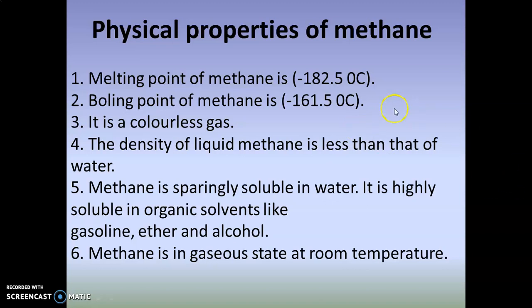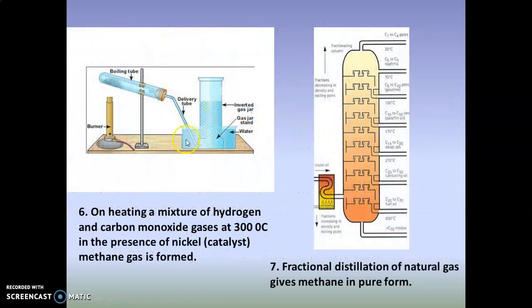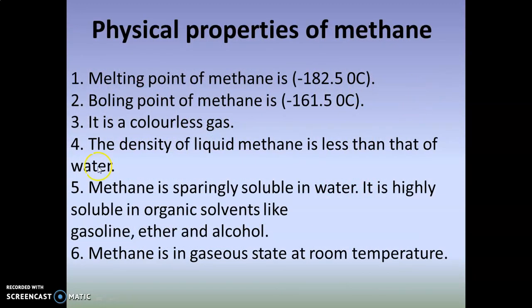Since the density is less than that of water, you can see here, this one is water. When the density is less, that means it is lighter than water. So when methane gas is released, it is collected here. Since density is less, it is collected in the water column.